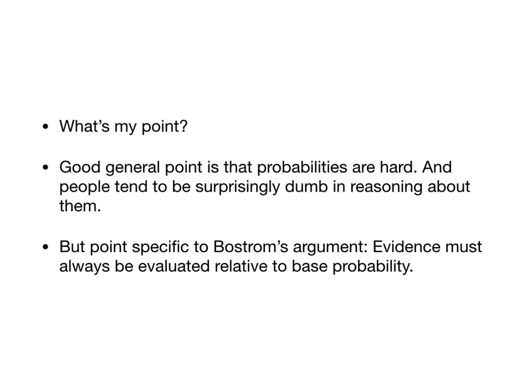But I think a point more specific to Bostrom's argument is that evidence must always be evaluated relative to your base probability. Look, getting a positive test back for this disease, especially a test that's this accurate, is really strong evidence that you have it, right? It makes it way more likely that you have the disease than it was before.